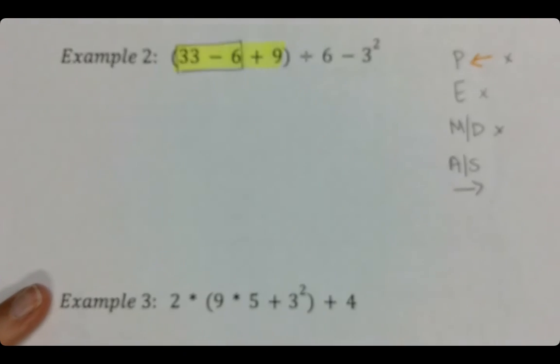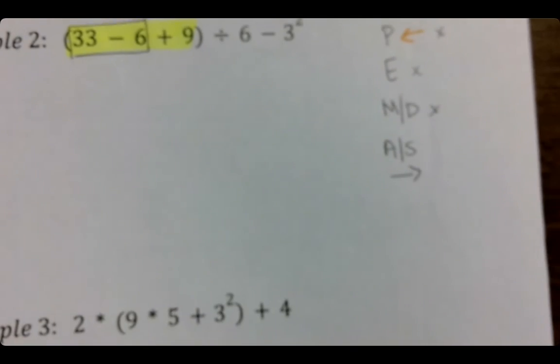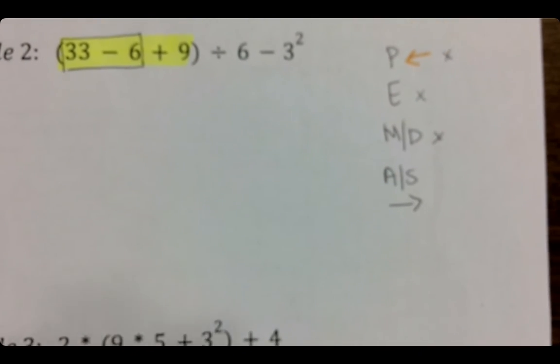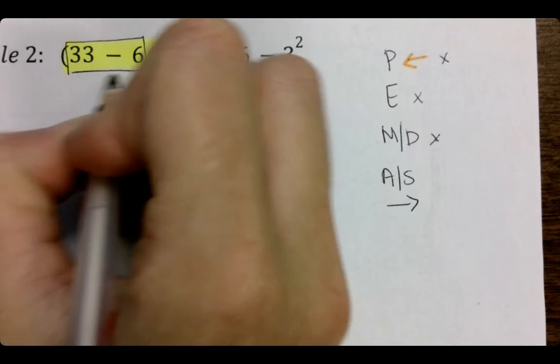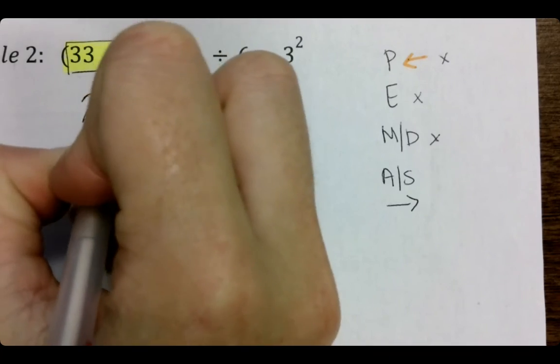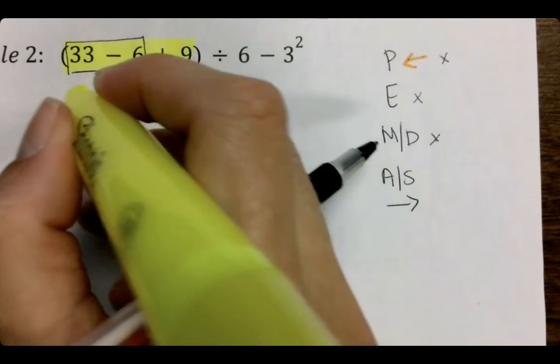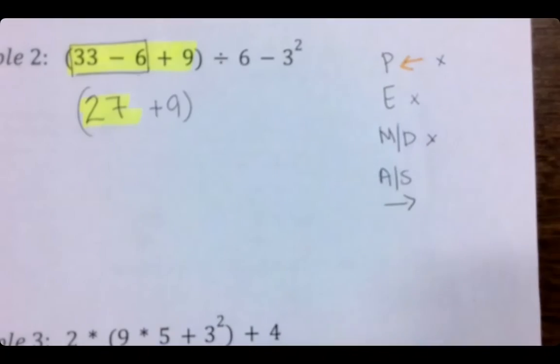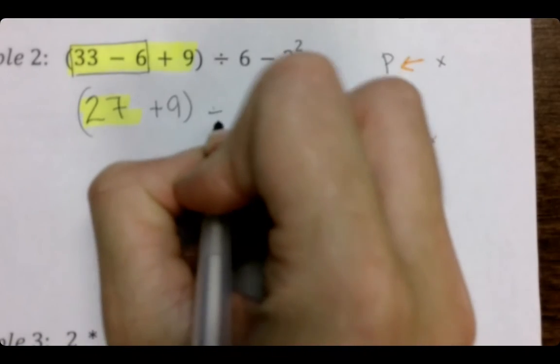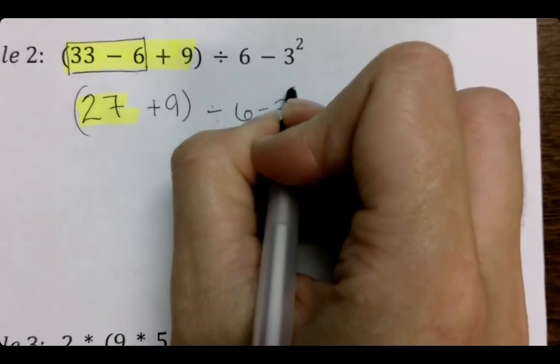And what would that give us? 33 minus 6 is 27. But I still have stuff inside my parentheses, so I'm going to leave it, and then I'm going to bring everything else down.